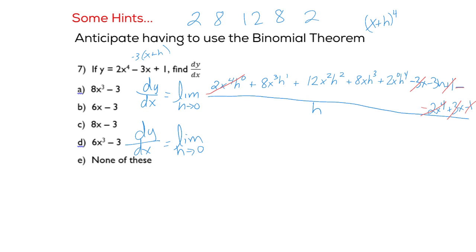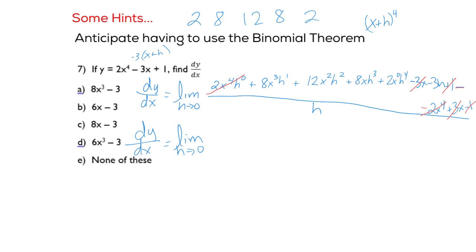All right, what else? Okay, I think maybe that's it. And I'm just checking that I got an h that I can cancel on all of these terms that are left. And that one snuck in right there. Yes, everything has an h. So then your next step is to leave that limit there and write everything with that h divided out.